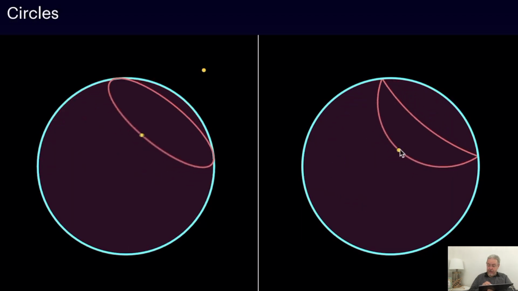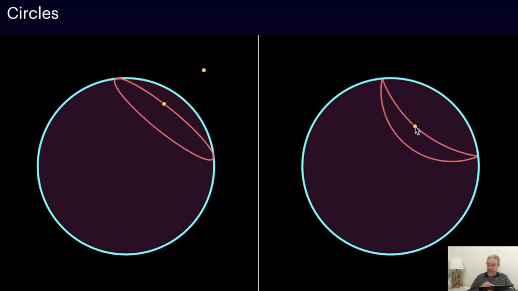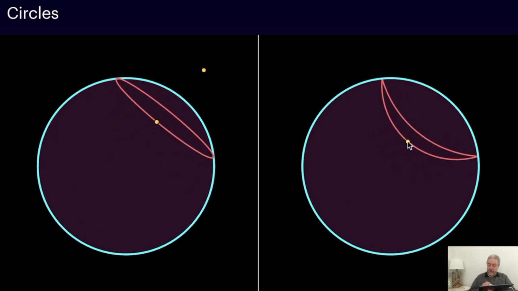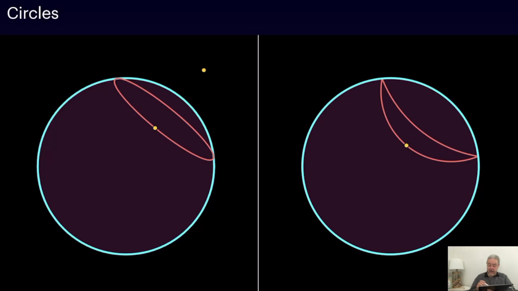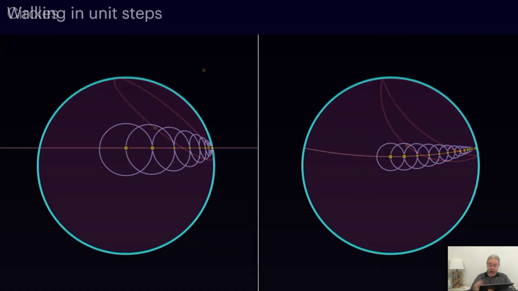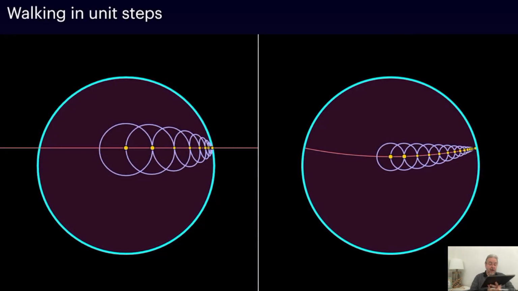Let me just move to a few other extreme positions. So you see, if the circle midpoint is outside, then it's really kind of two arcs intersecting in the boundary. I will explain it in a minute. Before I do that, I want to show you one more picture of walking in unit steps.